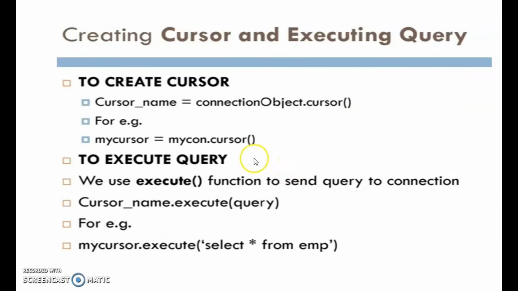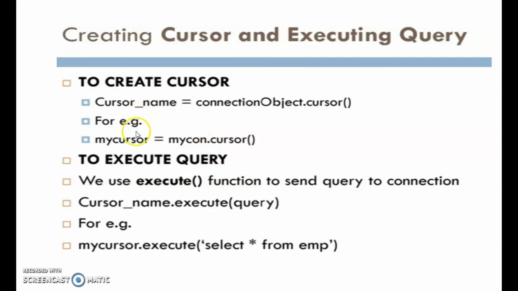So how to create a cursor? This is the method to create a cursor. First, cursor name is equal to connection object dot cursor. As per our example, our connection object is mycon, that is, mycon is equal to the connection we made.